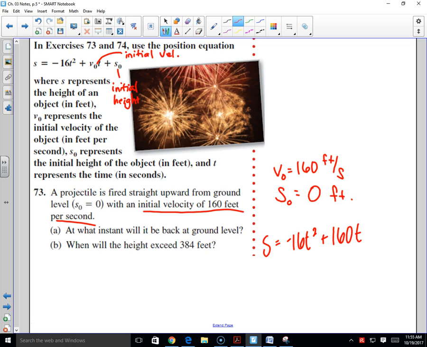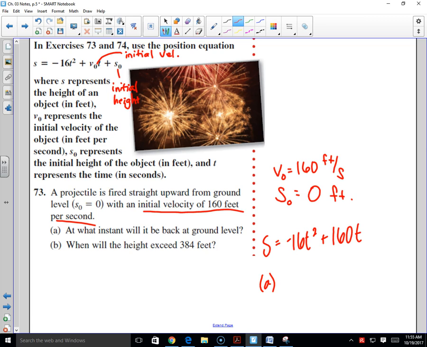T is time, measured in seconds. But what is s? Height. If s sub 0 is, and then even back up here, the position equation where s represents height in feet. So when they ask us for letter A, I know it's a lot like physics, but it's okay. When they ask us when we'll be back at the ground, what do we know? Do we know the when, or do we know the where?